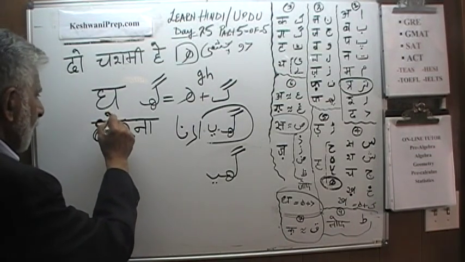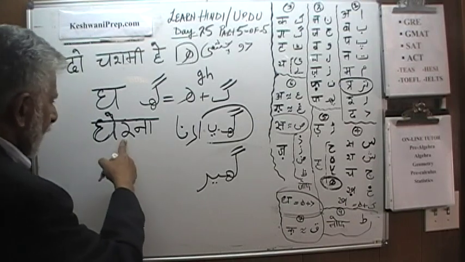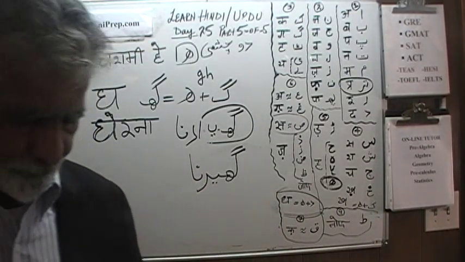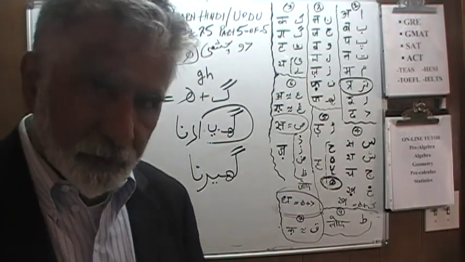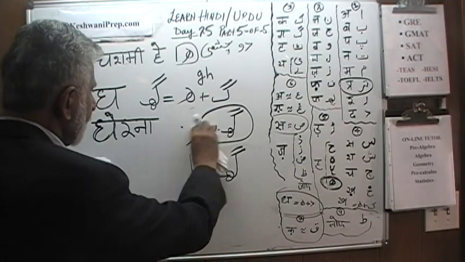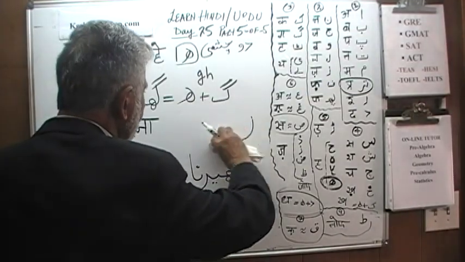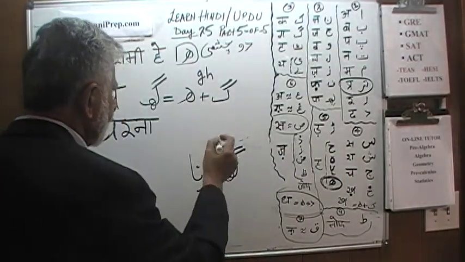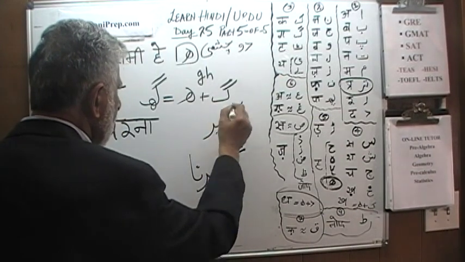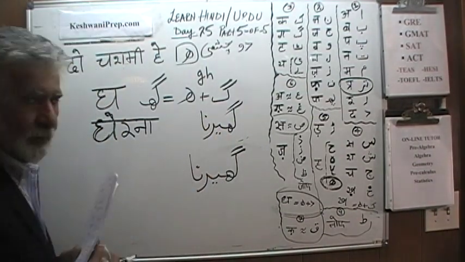Gay. And then re, ger, na. Gerna, to surround. Let's do one more, the very last one.